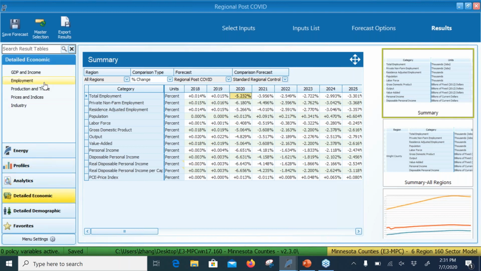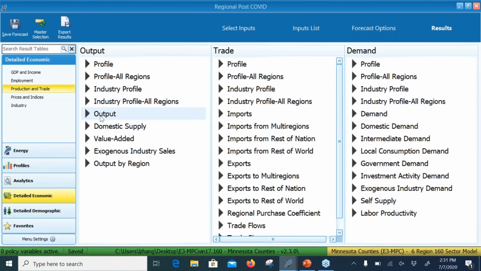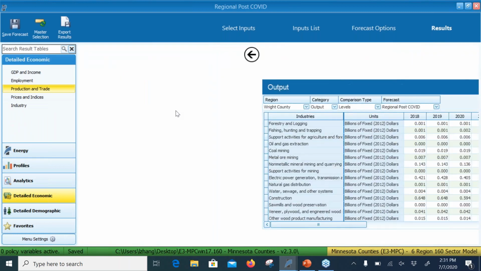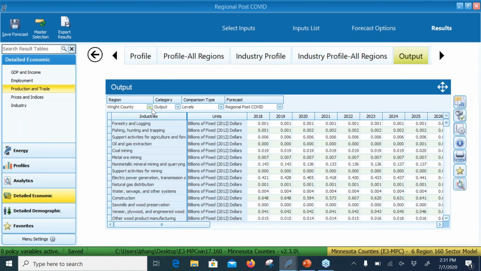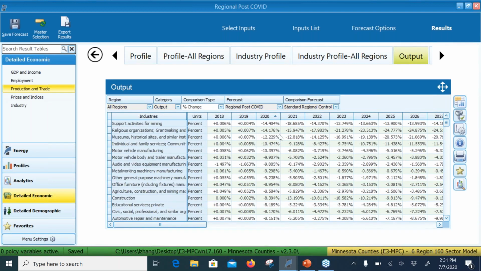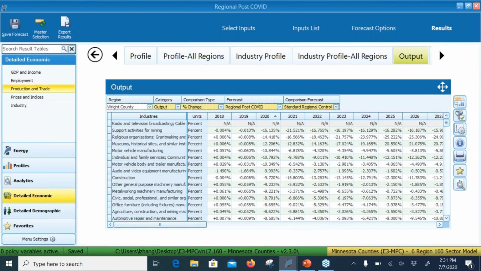And then so again, if we look at the detailed breakdown by industry, we can look at say which industries are hit hardest in this region in particular. And you can do this, look at by all regions, or if you have a specific region in mind, you can look at the specific region.